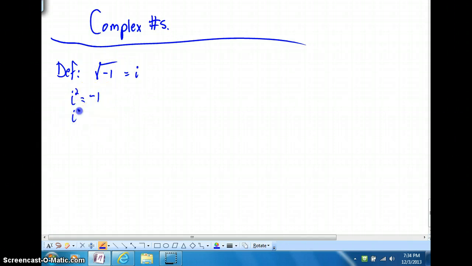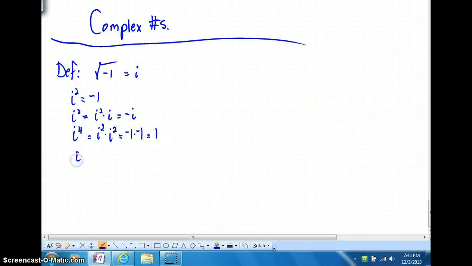I could take i to the third, and that would just be i squared times i. i squared is -1. -1 times i, of course, is just -i. i to the fourth is simply i squared times i squared. That's -1 times -1, so that is simply a +1.